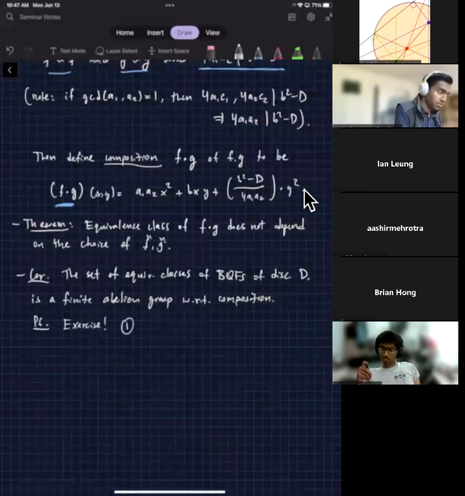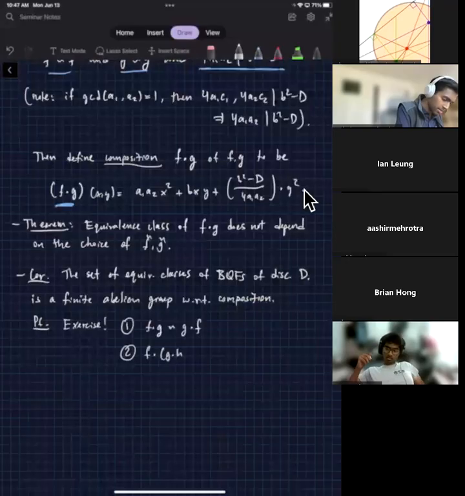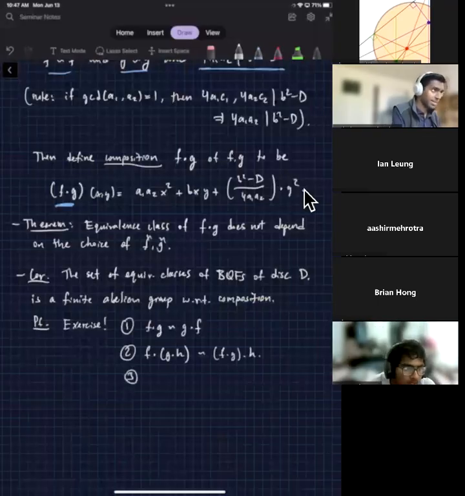The first step is to prove the abelianness, the commutativity. So you want to show that F dot G is equivalent to G dot F. Second step would be associativity. F dot G dot H should be F dot G dot H. And the third step is identity.